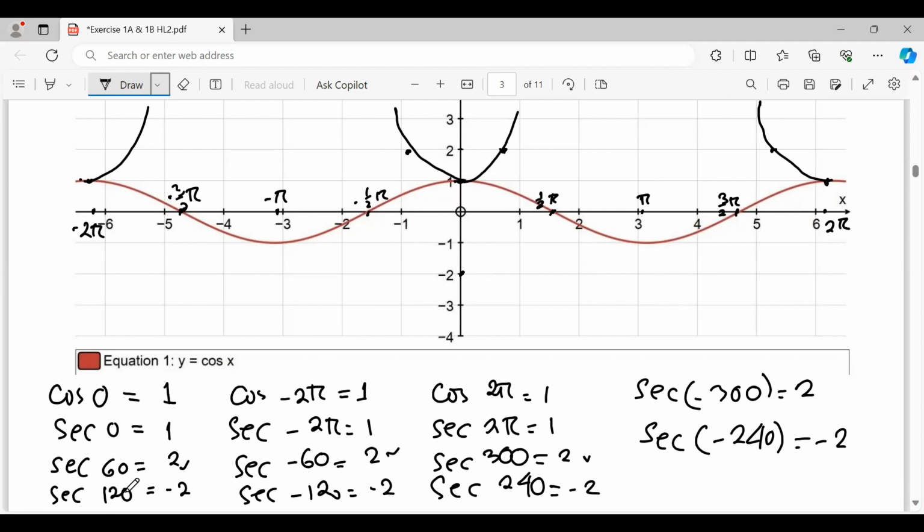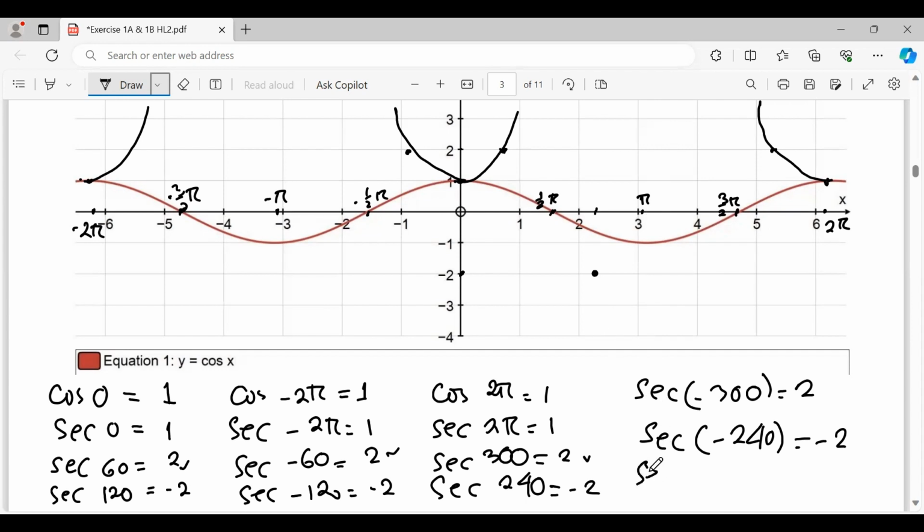After that, secant 120 being negative 2. So if 120, this is 90, so 120 around here. And secant 90 equals -1.